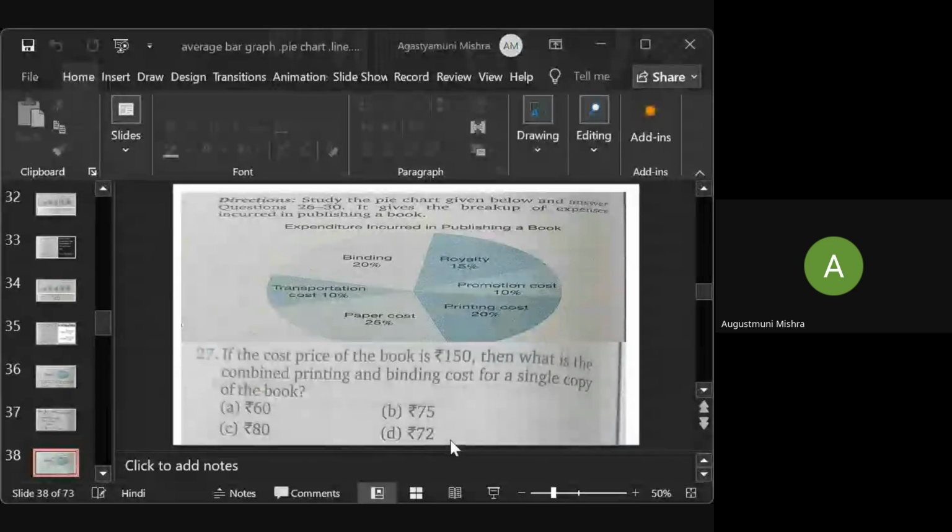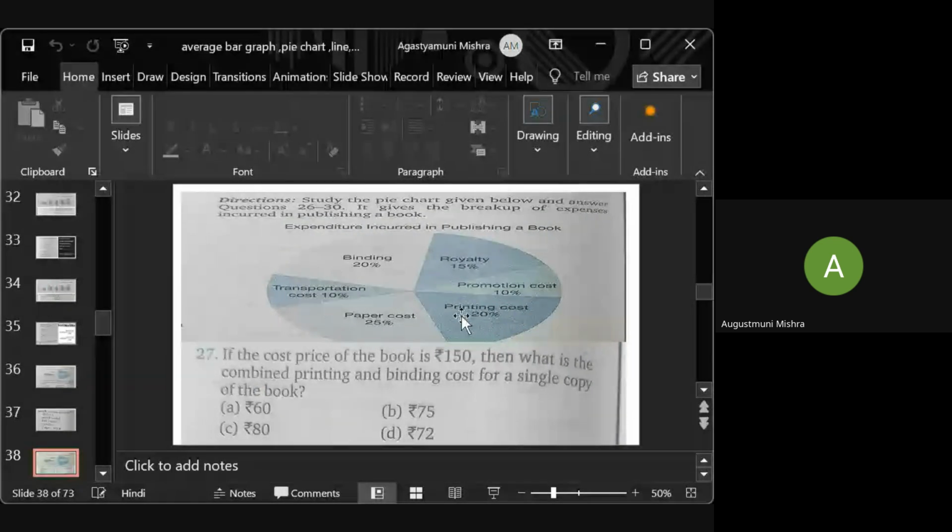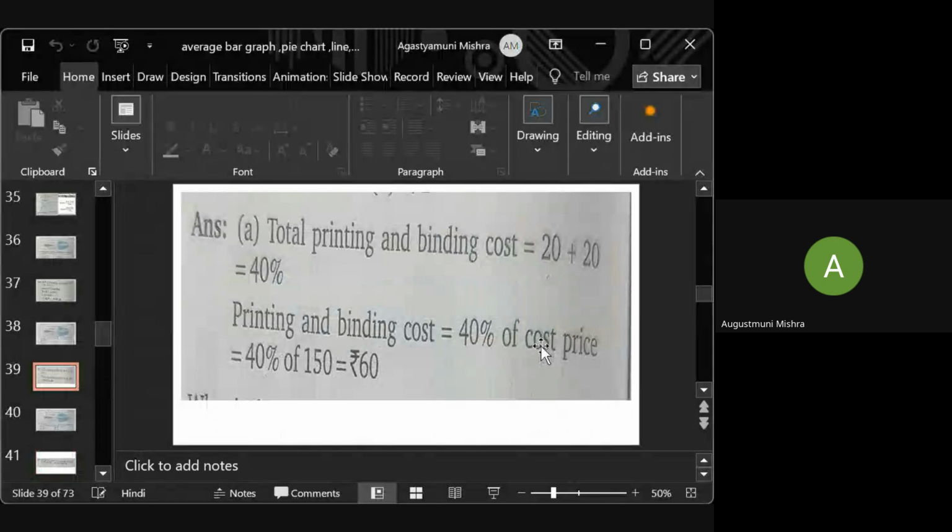Okay. Within a few seconds I'm going to change it. Okay, I'm changing the slide. Most of you are saying A, so the correct answer is A. You can compare your solution, even those who have not prepared that solution.